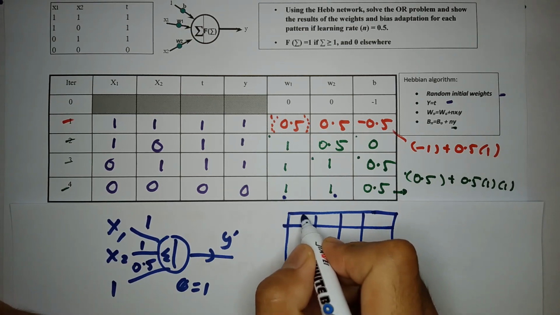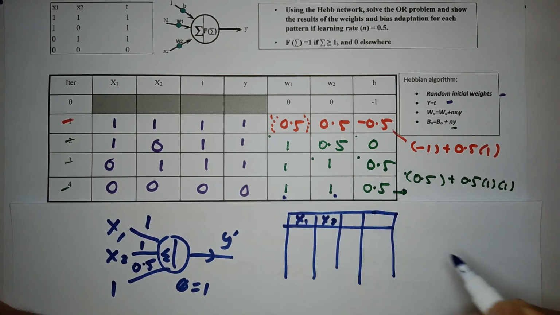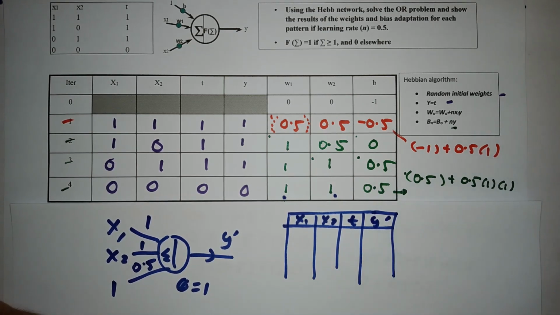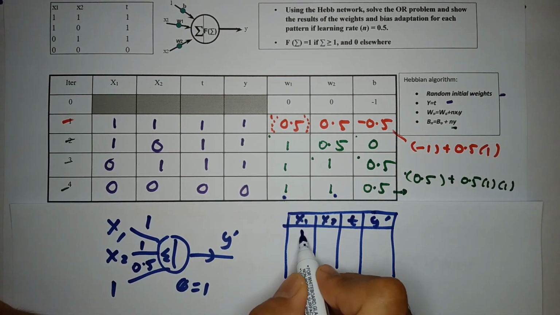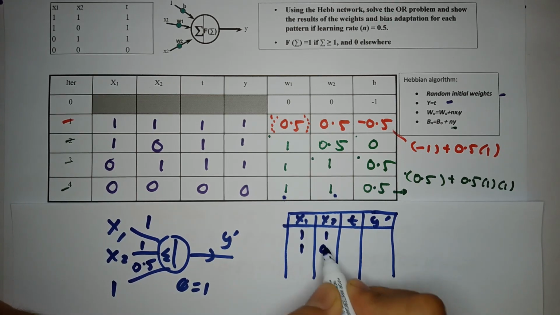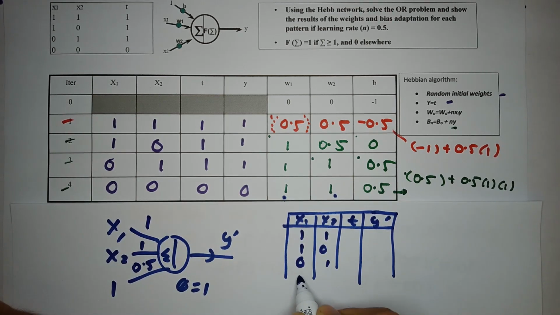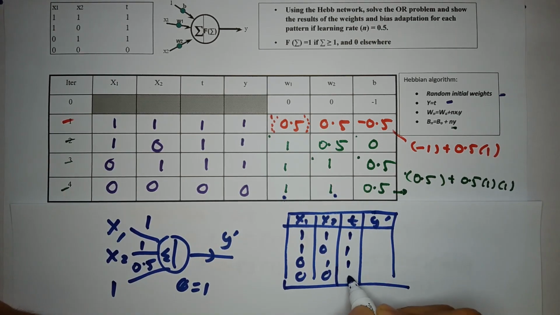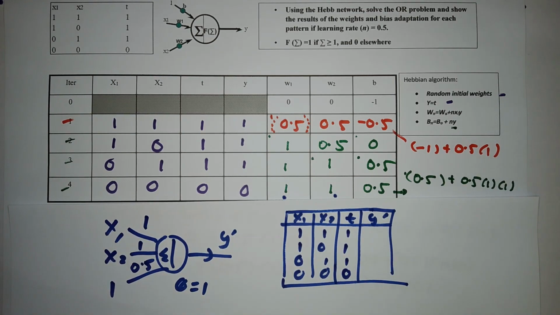In this case, this is x1, this is x2, and then this will be the target, and then this is the y predicted. So in this case, I just feed back 1, 1, 1, 0, 0, 1, and 0, 0, and the target will be 1, 1, 1, 0. We want to estimate the accuracy for this particular value.